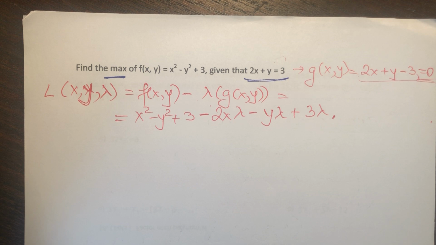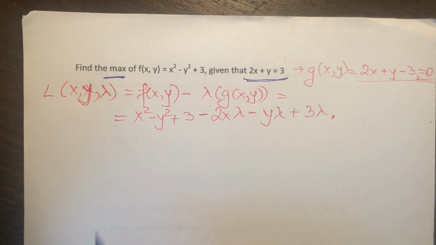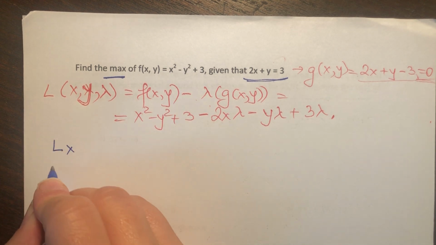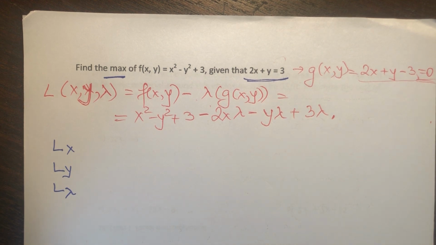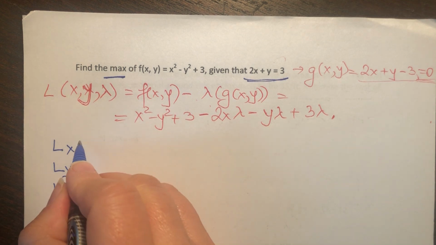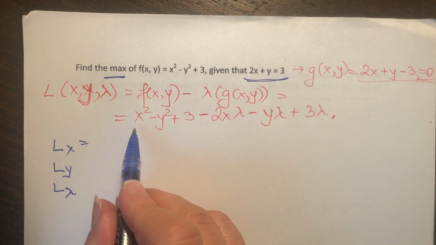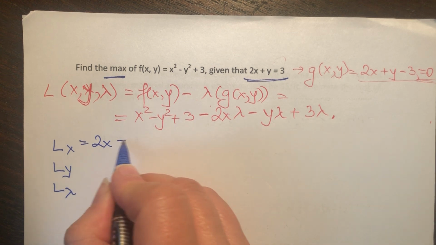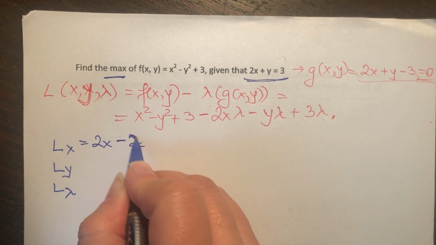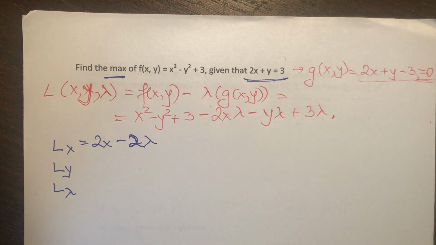Now what did the problem say? How do we come up with a solution? We come up with a solution simply by finding your critical point. That's it. Your critical point is the answer. That's all we're asking you to do. Just find that critical point. So what's the derivative with respect to x? 2x minus 2 lambda. Okay.